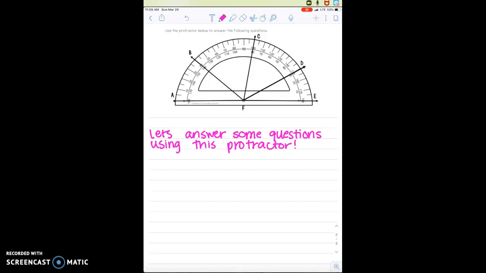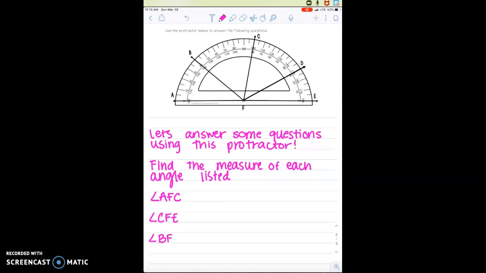But you are going to find the angle measures of angle AFC, which will show up in just a second, angle CFE, angle BFC, and angle DFE.